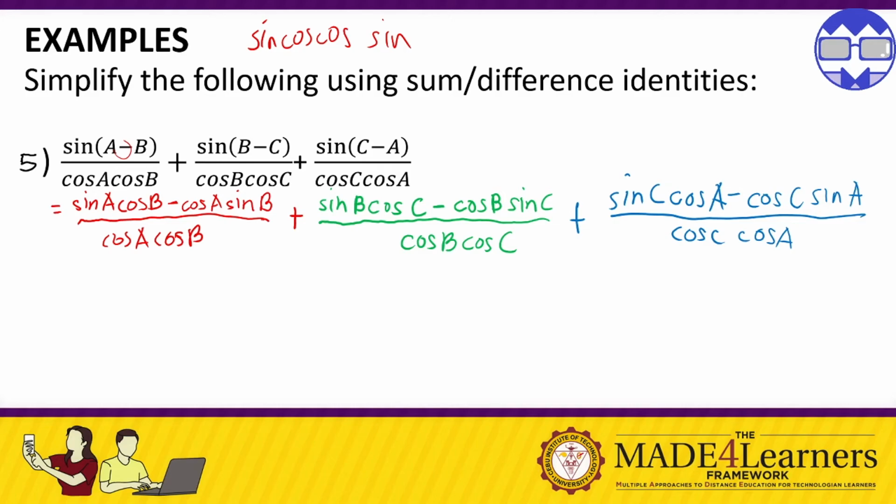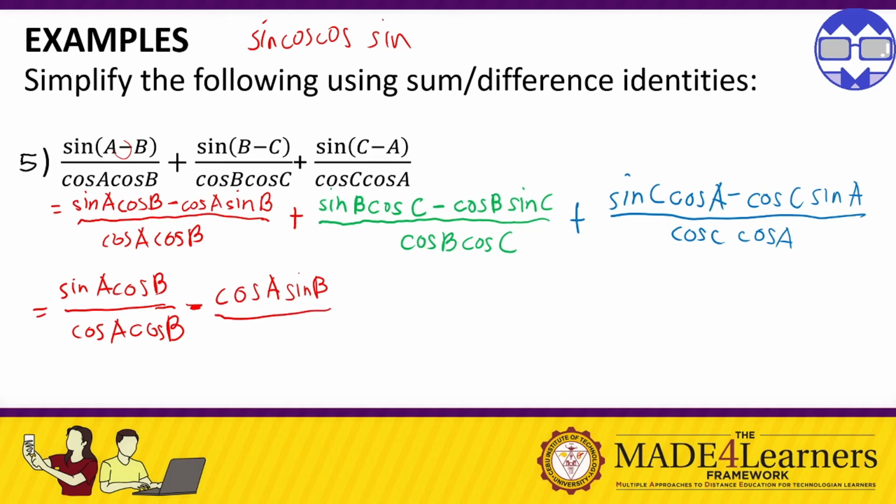Okay, so in the red part, we're going to separate everything. We have sine of A cos B, denominator is cos A cos B. Since our operation is minus, we'll have minus cos A sine B all over cos A cos B. Then let's have the green one.